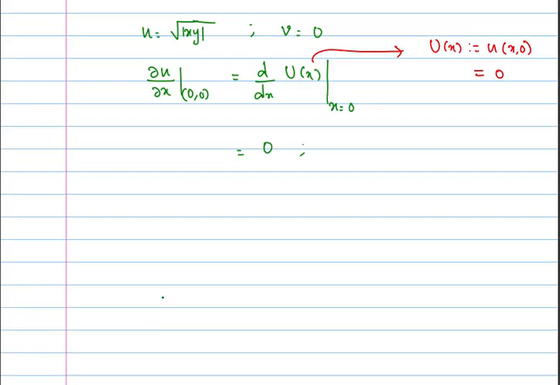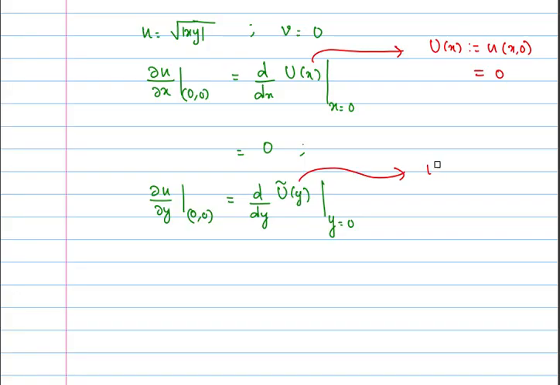Similarly, you have to evaluate ∂u/∂y at (0, 0). I take d/dy of some function u of y. It need not be the same function, it may be a different function also. To avoid that I will take ũ. Then you evaluate at y equal to 0. ũ(y) I define as u(0, y).